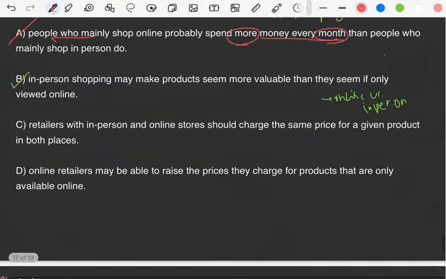The next one is retailers with in-person and online stores should charge the same price for a given product in both places. Now the passage doesn't tell us what retailers should do. It just reports an experiment finding. Also, if touching makes people willing to pay more, this might actually suggest charging different prices, not the same. So we'll eliminate this option as well.